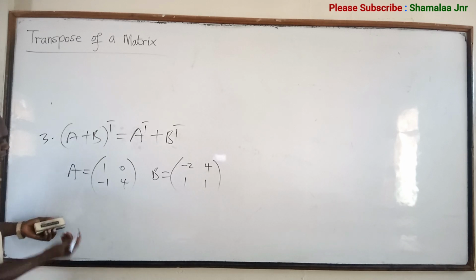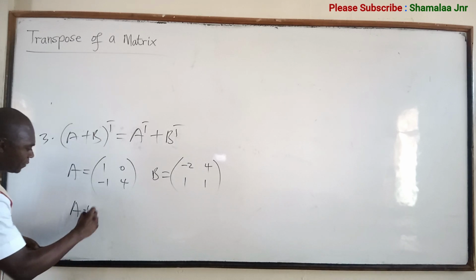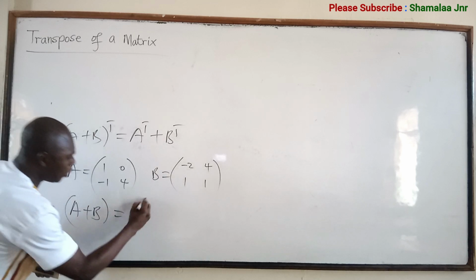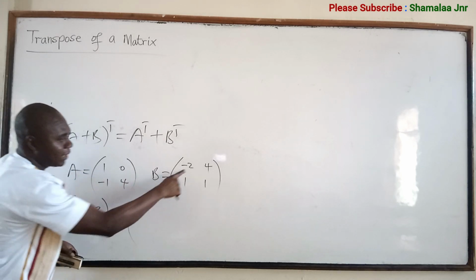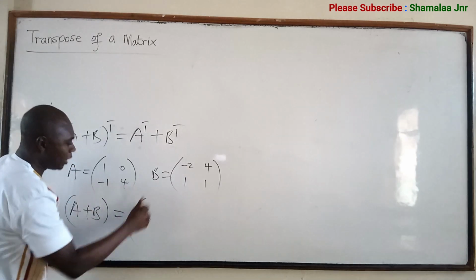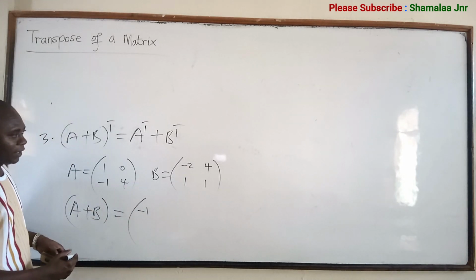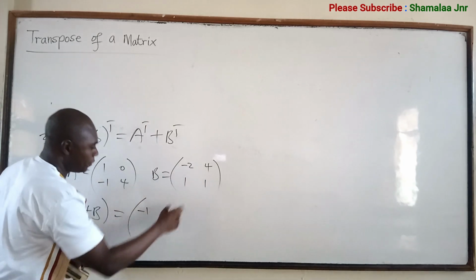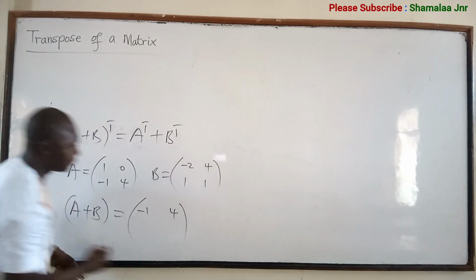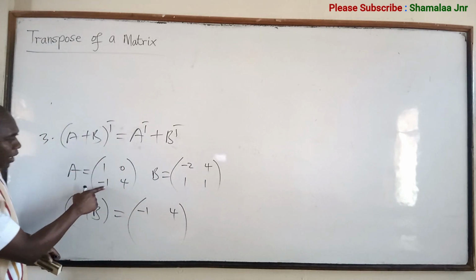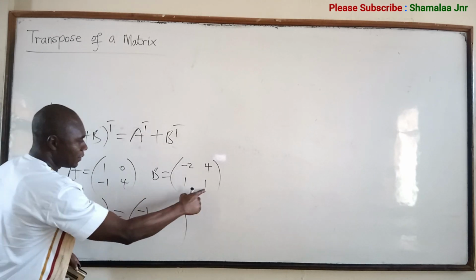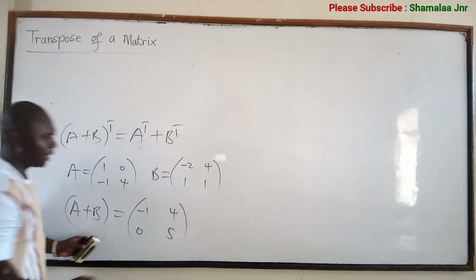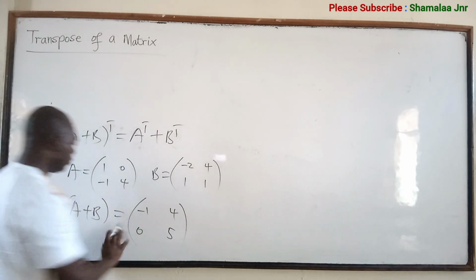Now A plus B is equal to, so A plus B, this 1 plus -2, that will be -1, isn't it? 0 plus 4, that is 4. -1 plus 1, that is 0. 4 plus 1, that is 5, isn't it? So we have it this way.